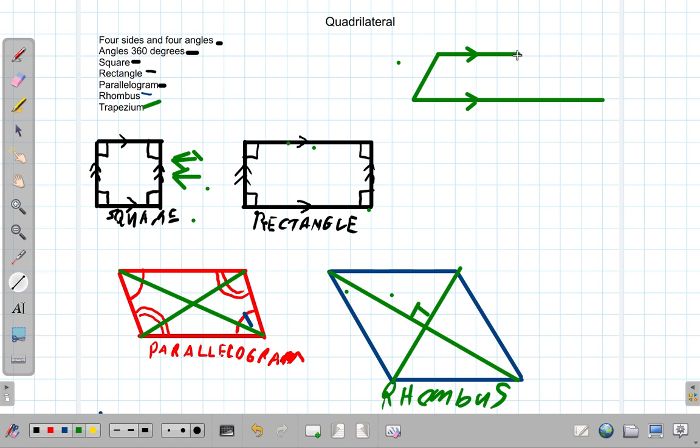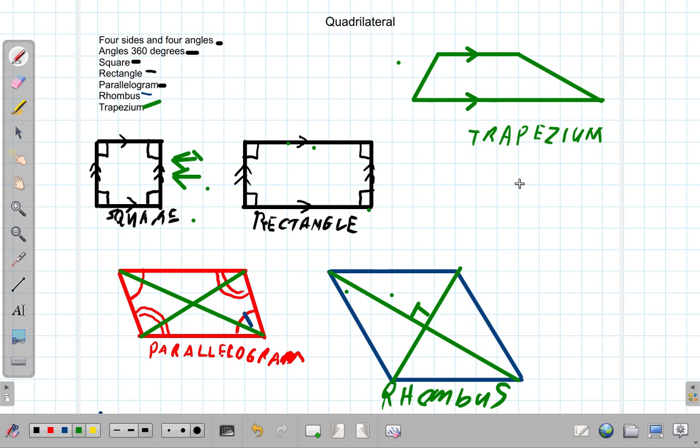You have our third and fourth sides here. So this is a trapezium, right? Trapezium. Here only the top and bottom sides are parallel, but the other two sides are not parallel.